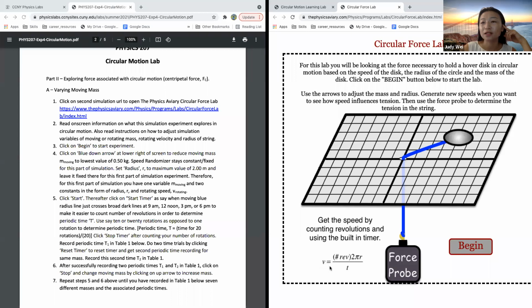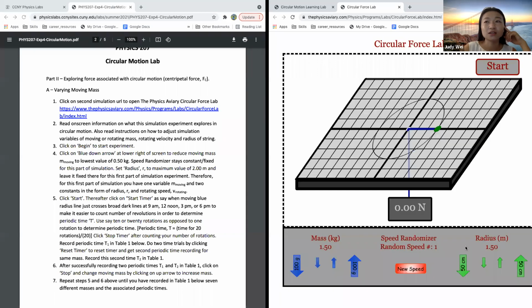Here the velocity is 2 pi r over t, where r is from this center to this ball. Let's start.